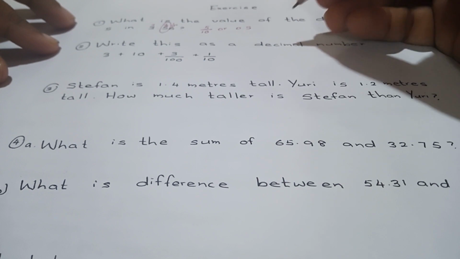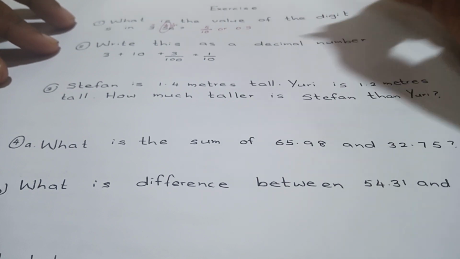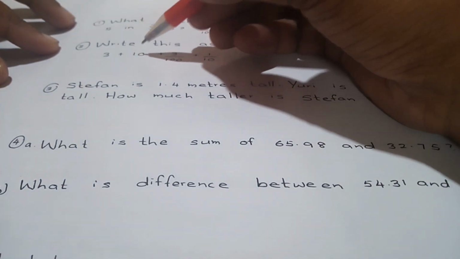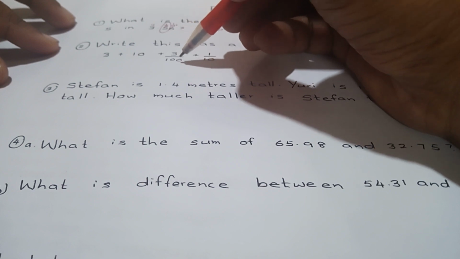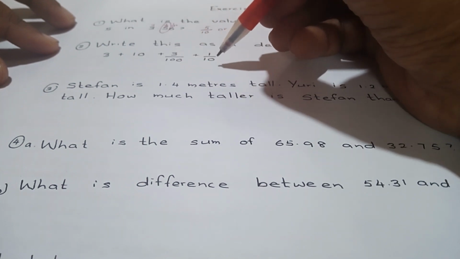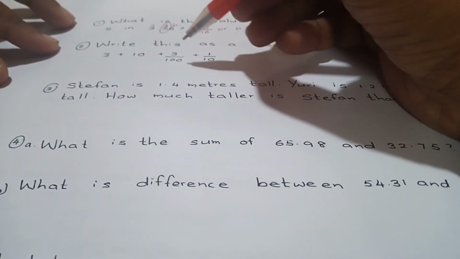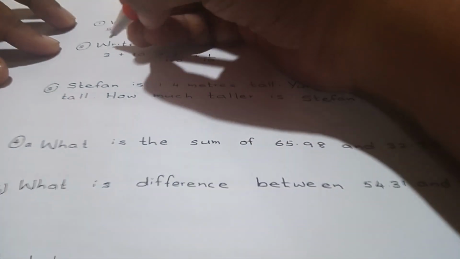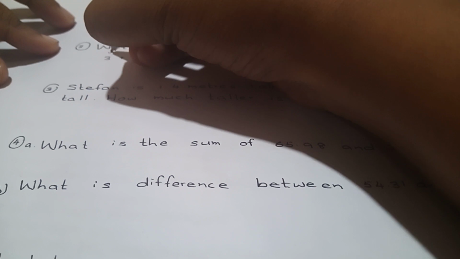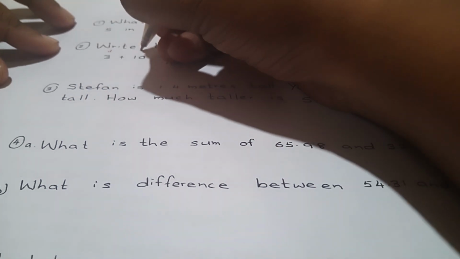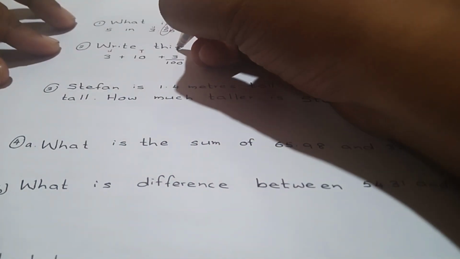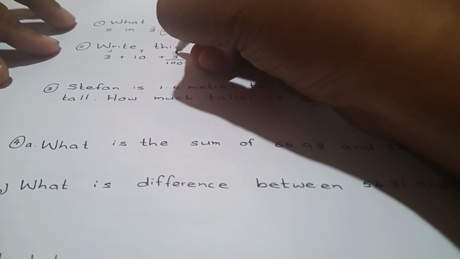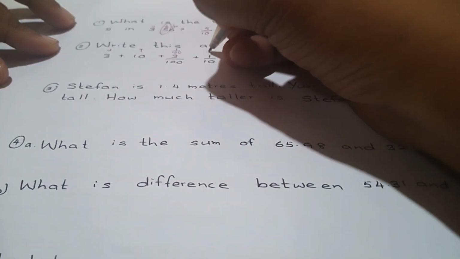Next one. Write this as a decimal number: 3 plus 10 plus 300 plus 1/10. Before we write the answer, first we'll write the place value. Here unit, here tens, here hundredth, here tenth.